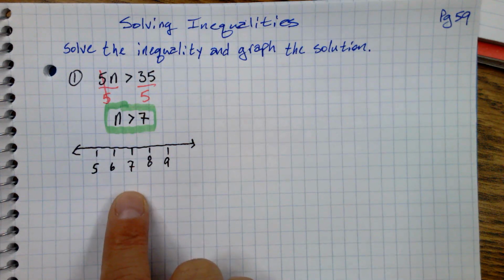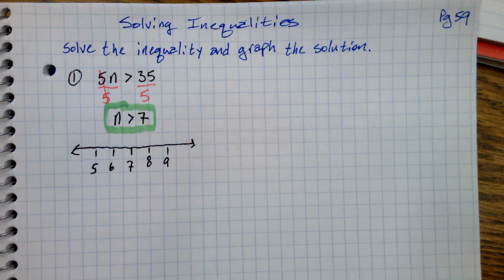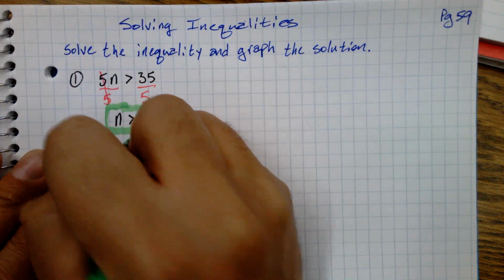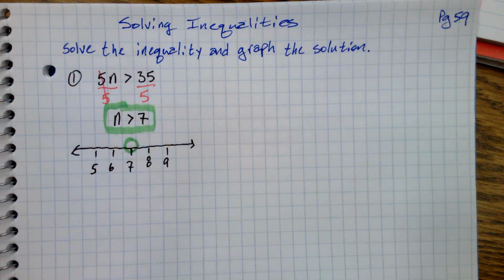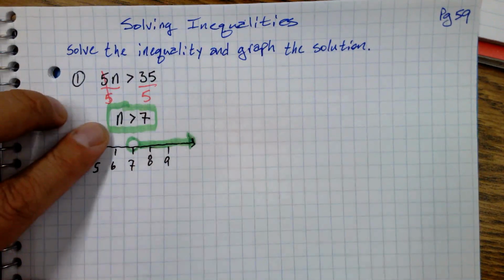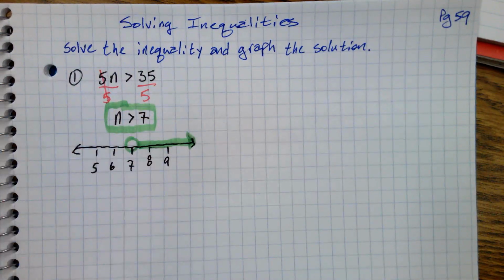So 7 is not part of our answer, right? Doesn't have the equal to part. So we need to put what kind of point? Open or closed? Open. Okay, and then which side of 7 are all the solutions on? On the right. It's kind of visual when the variable is on the left. The inequality symbols kind of direct you to which side to shade. I kind of see it that way. Hopefully you do too. Okay, so that's pretty simple.